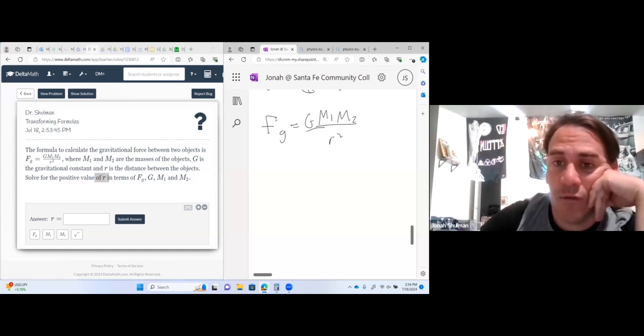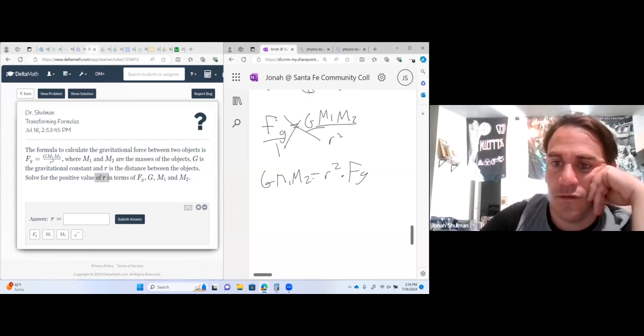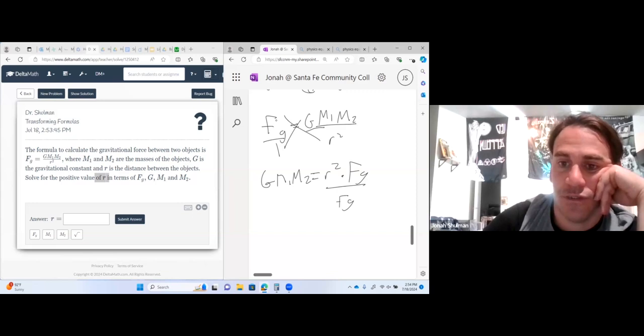Well, to get it in the top, we just have to cross multiply. So G m1 m2, I just basically did that. And then this is being multiplied. The squared is last because that's the thing that's closest to it, divided by F G. And finally, to get rid of a squared, we square root.